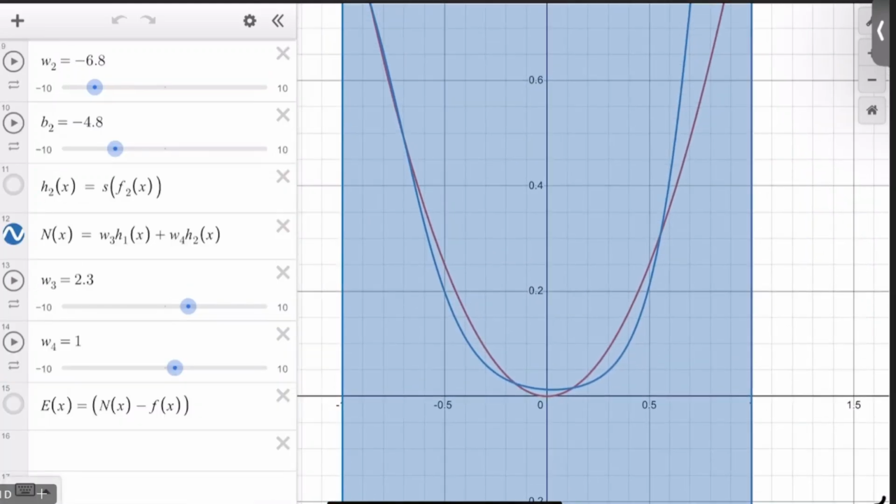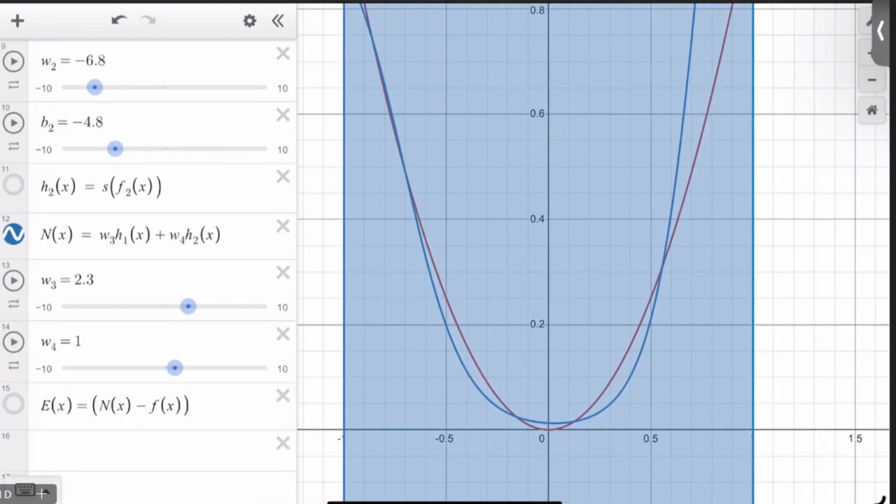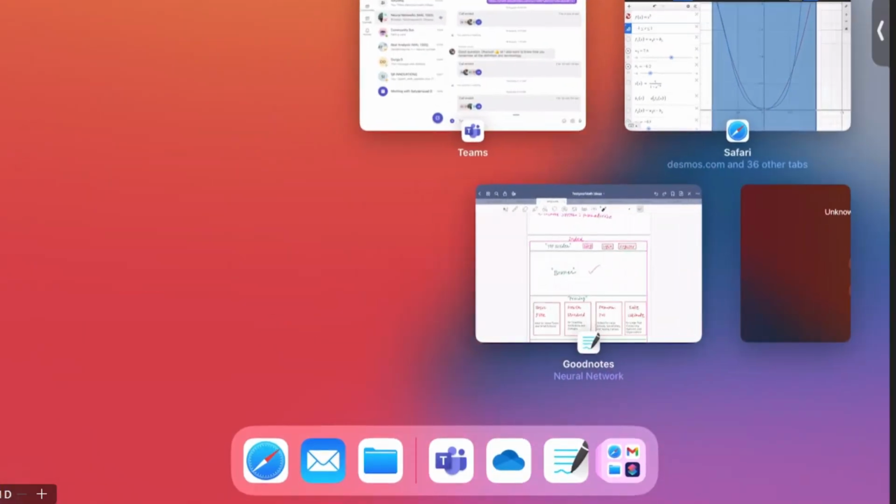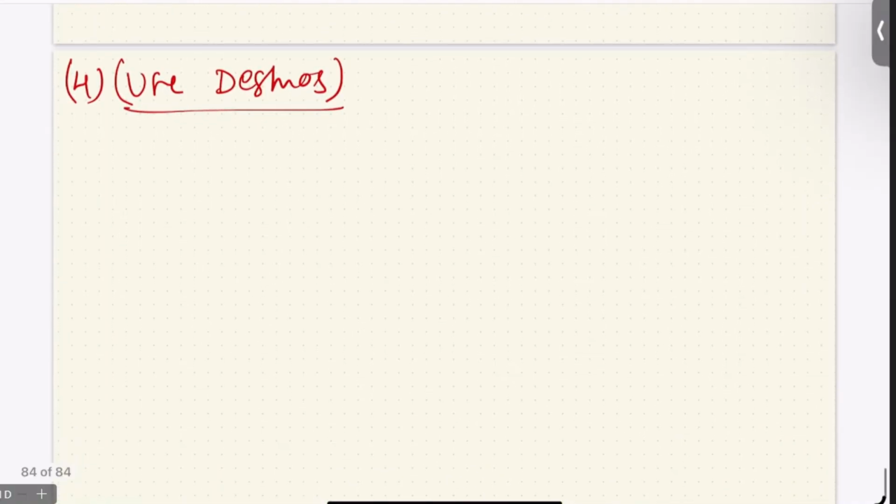Now the same plot or similar design in the Desmos, but this time not the sigmoid. You use g of x as ReLU of x. This ReLU is a rectified linear unit.